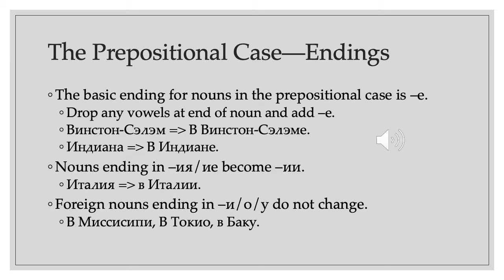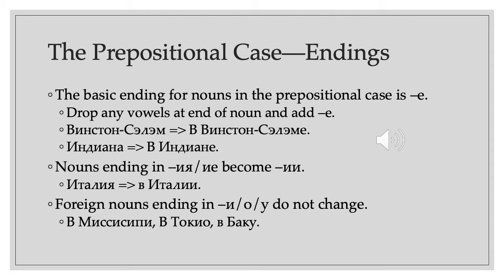Each case has its own set of endings, and for the prepositional case, for nouns, the most common ending is е. So for most nouns, we're going to drop any vowels at the end of the noun and add е. If there is no vowel at the end of the noun, we just add е to the last consonant.